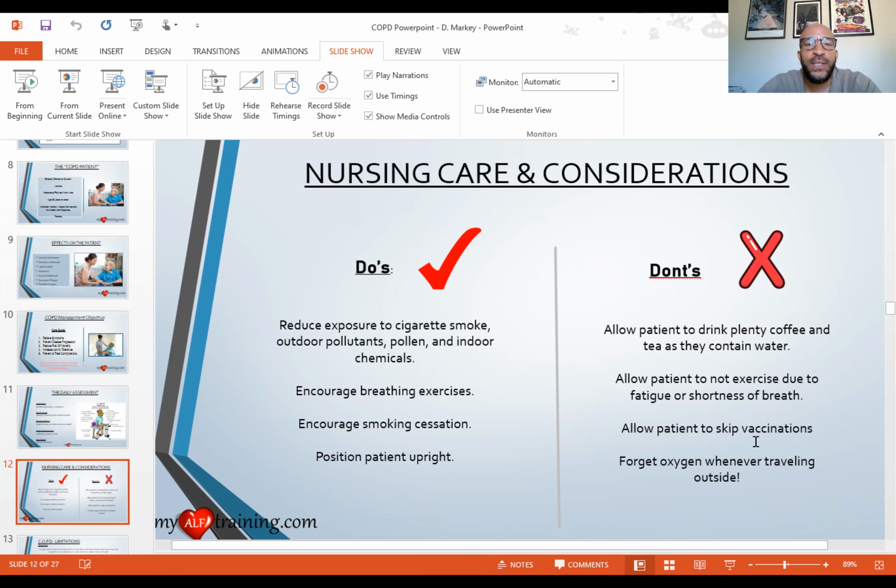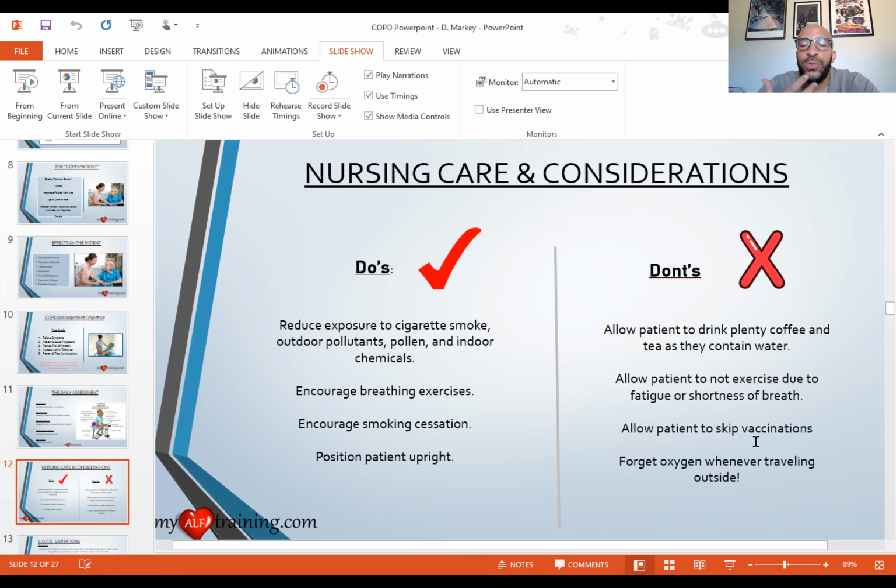Now, the next one is don't allow the patient to drink plenty of coffee and tea and say, oh, that they contain water, so I don't need to drink water because I've drunk a lot of tea and coffee. No. Patients who have COPD, as we talked about, have an excessive amount of phlegm. So the best way we can help them outside of breathing treatments is to get them to drink a lot of water.